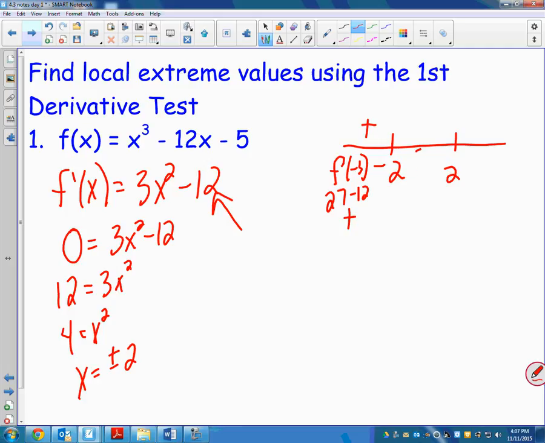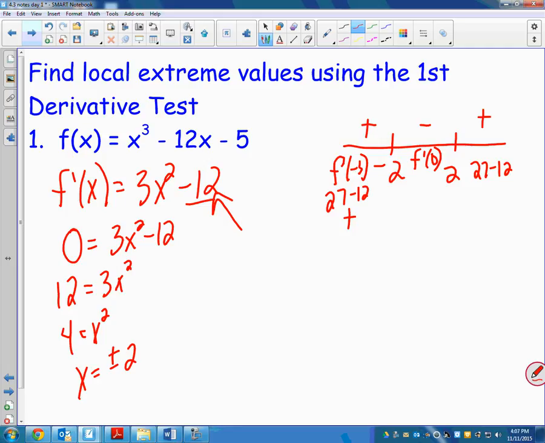So that means this is positive, or the function is increasing, less than negative 2. Guess what number I'm going to pick between negative 2 and 2? I'm going to pick 0. And if I plug 0 in there, I can see right away I'm going to get negative 12, and that's negative. And then I'm going to plug 2 in there, and maybe you know already that I'm going to get positive again, because I'm going to get the same thing, 27 minus 12, because it's x squared.